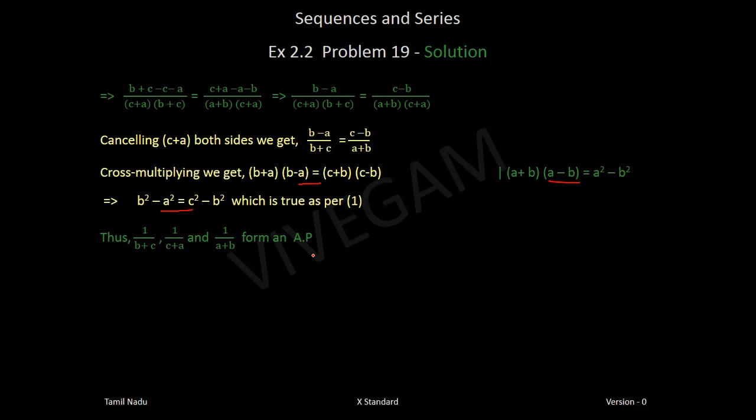So from the first series, derive some condition, that is using t2 minus t1 equal to t3 minus t2, and keep that there. Then for the second series, assume it to be in AP and derive the same condition, that is t2 minus t1 equal to t3 minus t2, simplify it, and then you will be able to get the first equation. That is how both the sums are done.